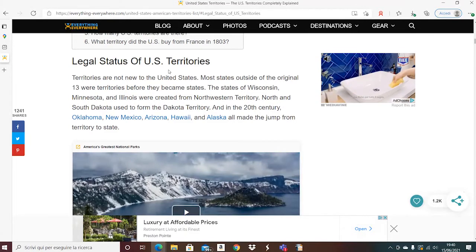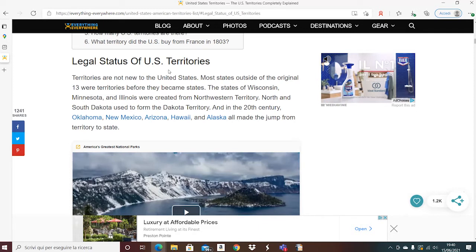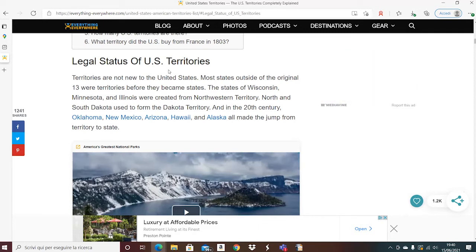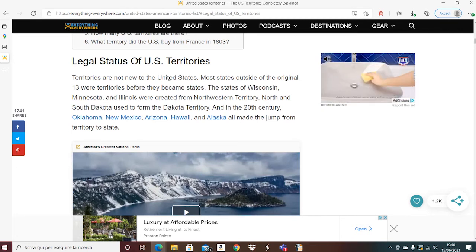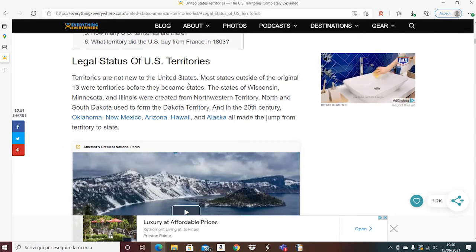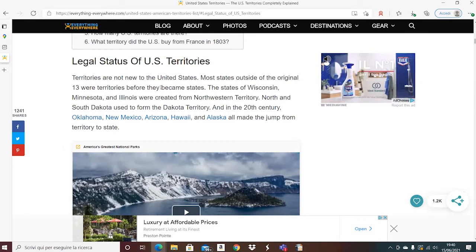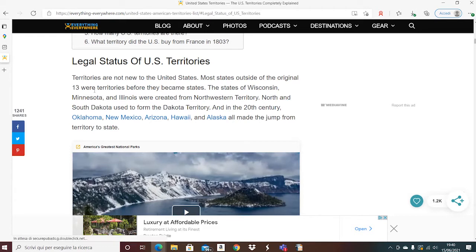Territories are not new to the United States. Most states are outside the original 13.